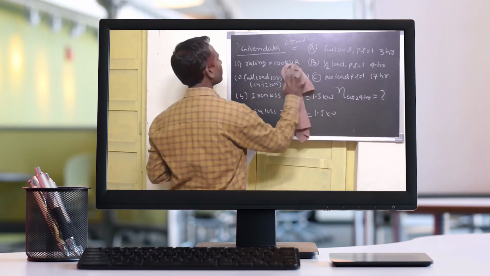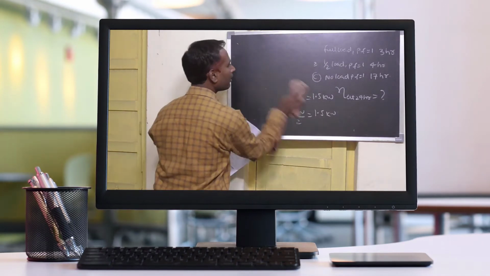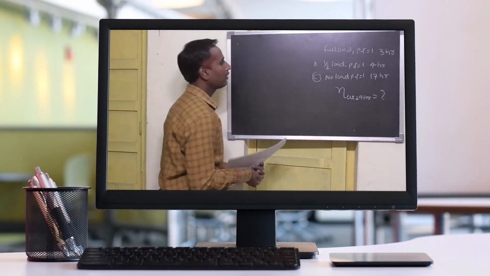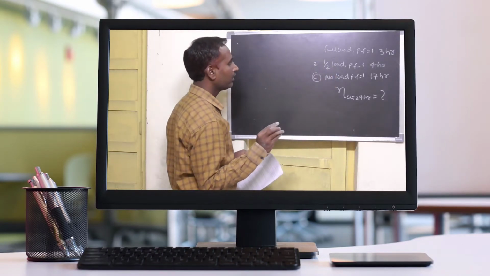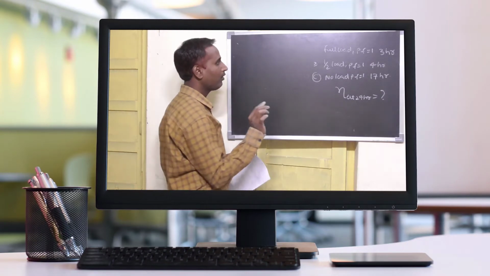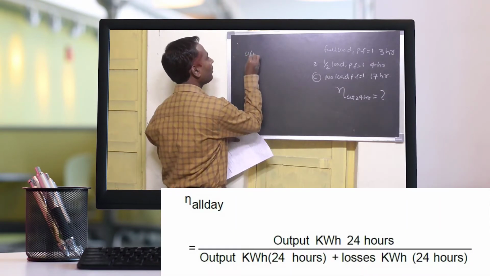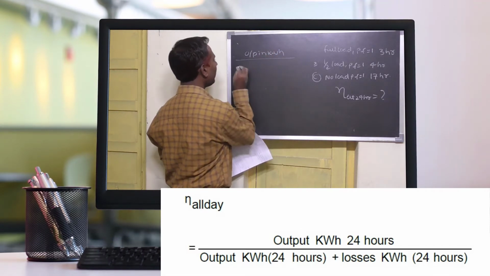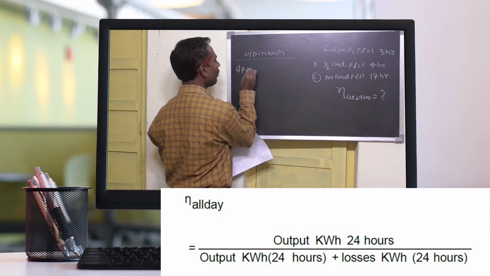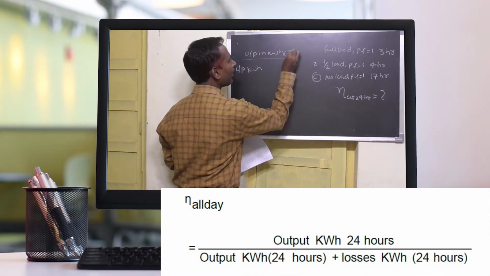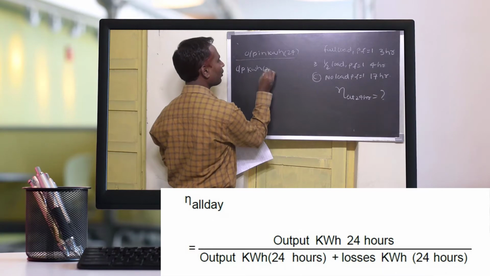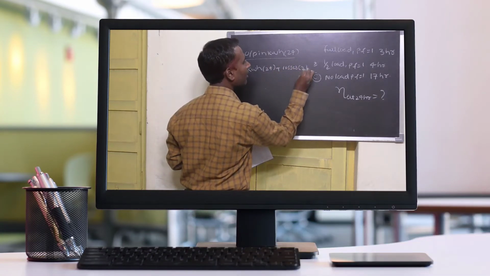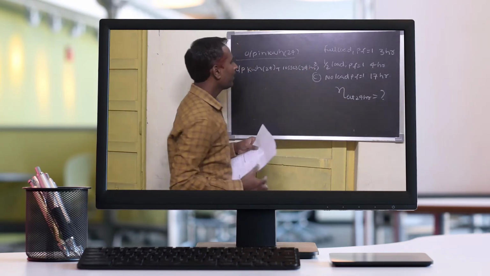How to solve the problem? This is very important. The formula is output in kilowatt hour divided by output in kilowatt hour, in 24 hours, plus losses in 24 hours.